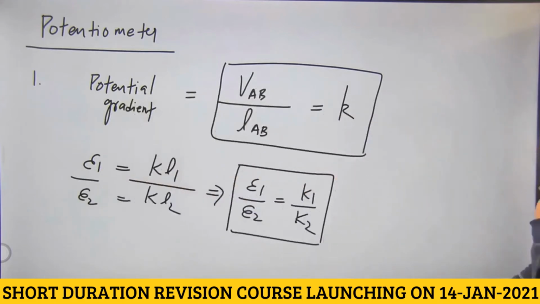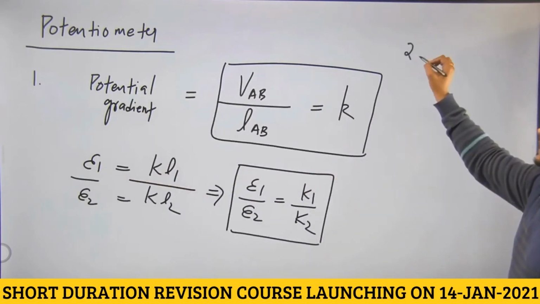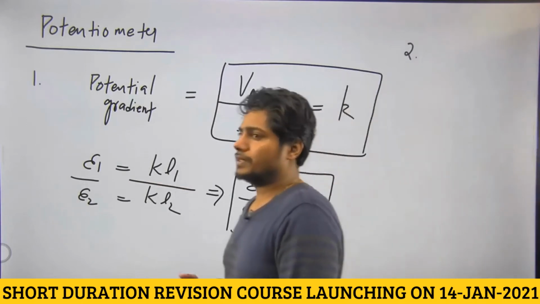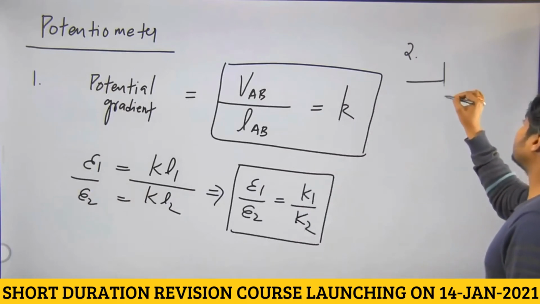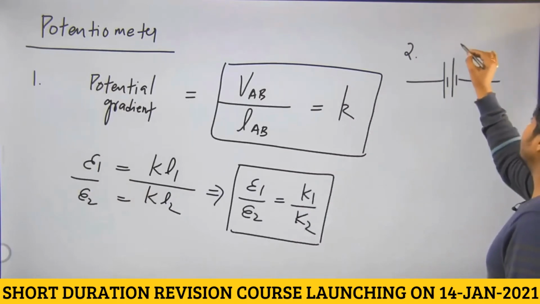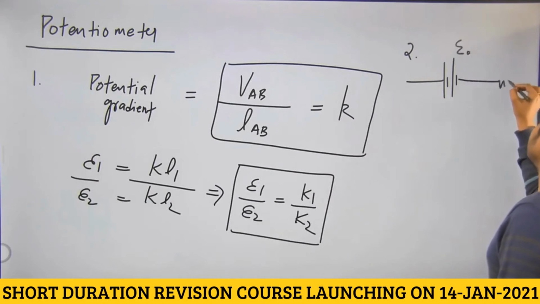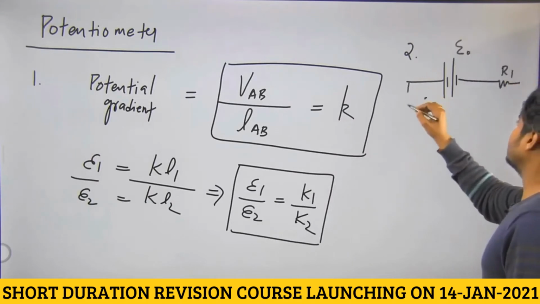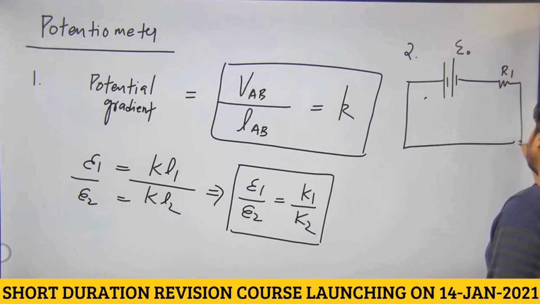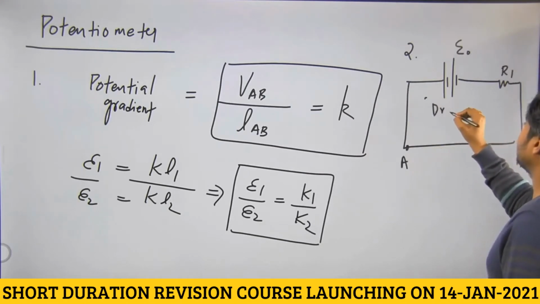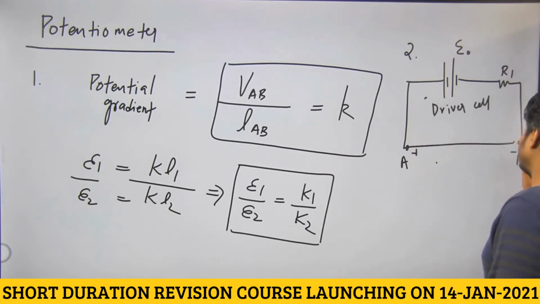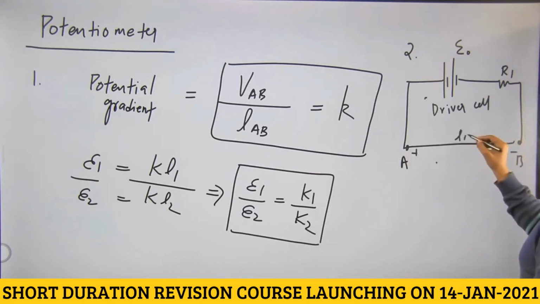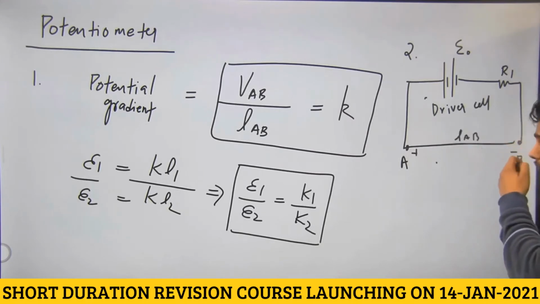This is the first thing. Sometimes they may ask you to find this potential gradient also. So for that you have to draw the diagram of driver cell. Driver cell is basically the bigger cell which is connected to some external resistance, and this is the potentiometer wire. This is A and B. This is the driver cell. And potential gradient is across this wire L_AB.